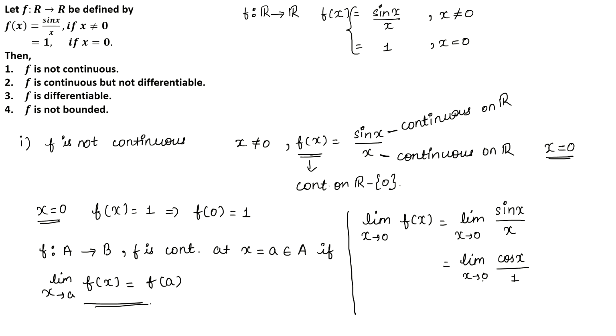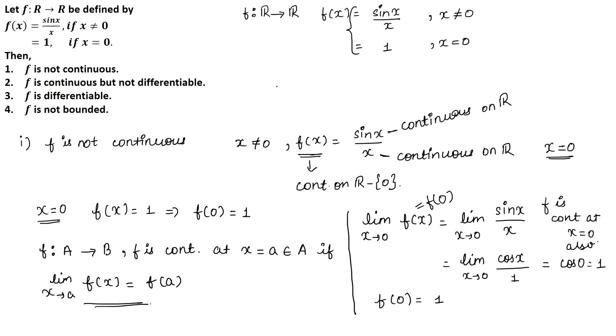So limit x tends to 0 cos x, on putting x equals 0, is cos 0, which is equal to 1. And we already know that f of 0 is equal to 1. Therefore limit x tends to 0, f of x is equal to f of 0, and therefore the function is continuous at x equals 0 also.